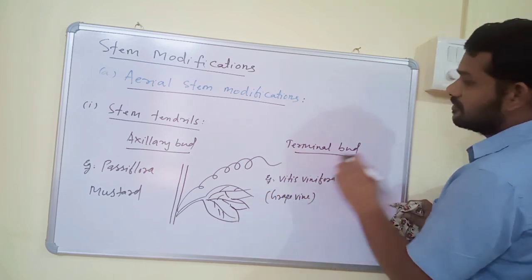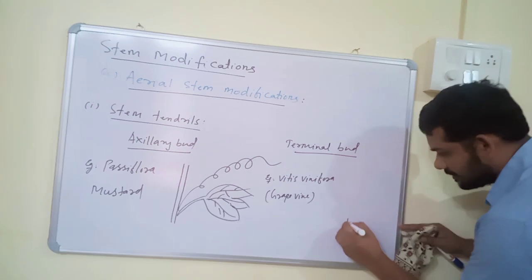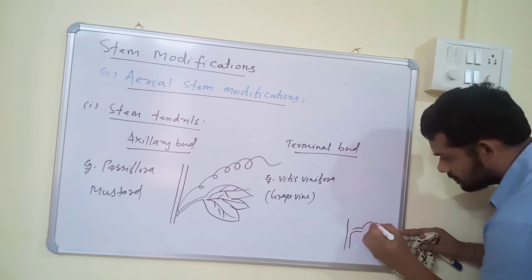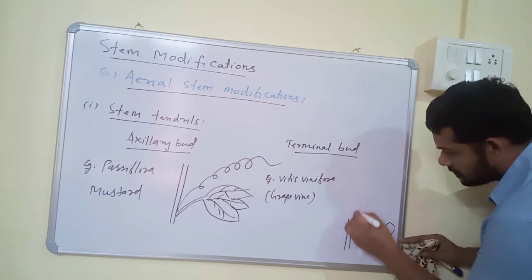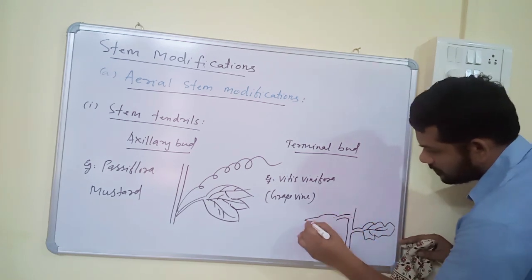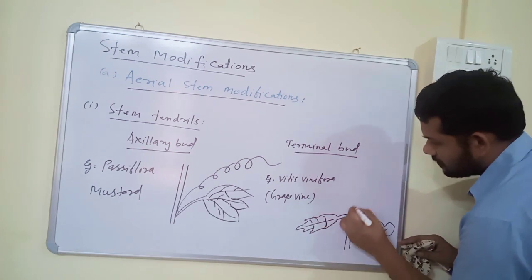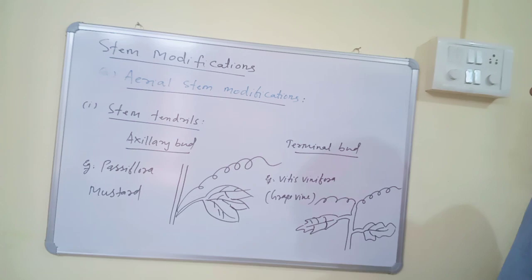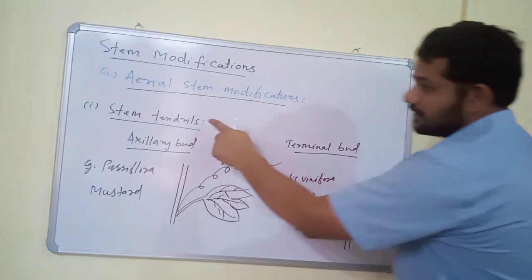In this case, the terminal bud is modified into a tendril. This is the apex of the stem. So the apex of the stem is modified into a long, sensitive and coiled structure. This is called a tendril.